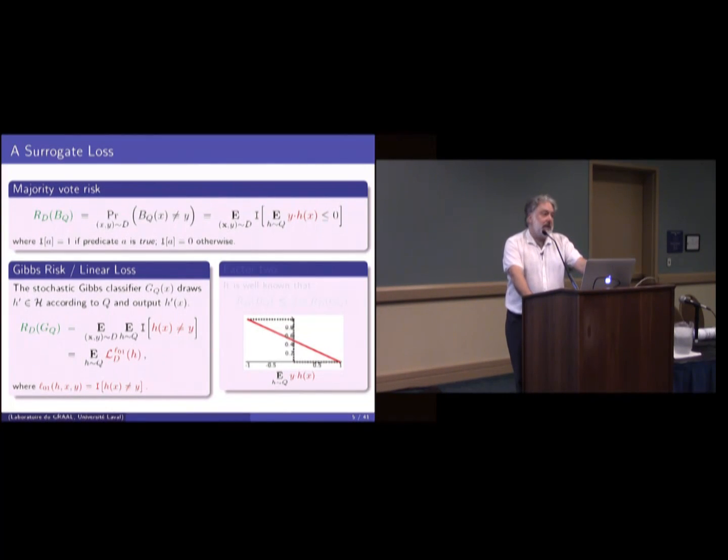It's a stochastic classifier that, for each example, chooses a voter according to the distribution Q, and it is that voter that will decide. So the risk of the Gibbs classifier is basically the average risk of all the voters, right? And it is well known that there is a relation between the risk of the majority vote and the risk of the Gibbs classifier by a factor of 2.